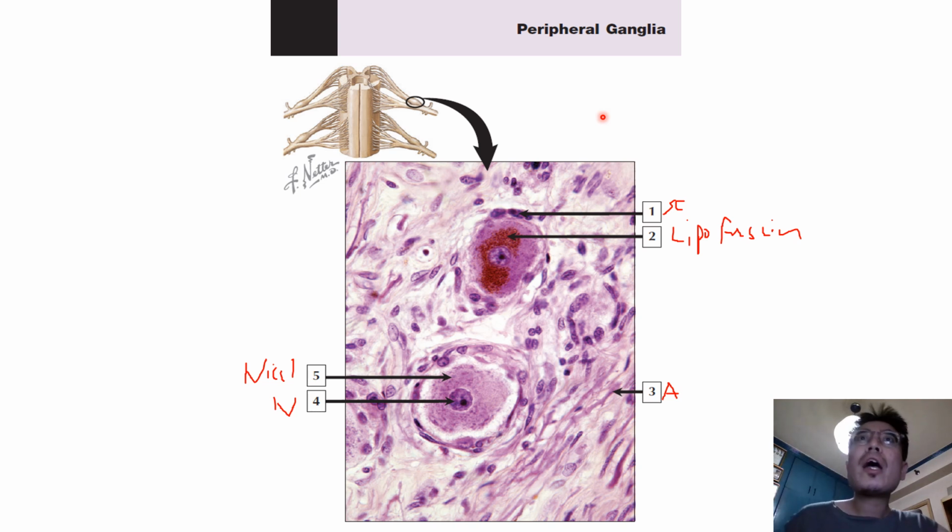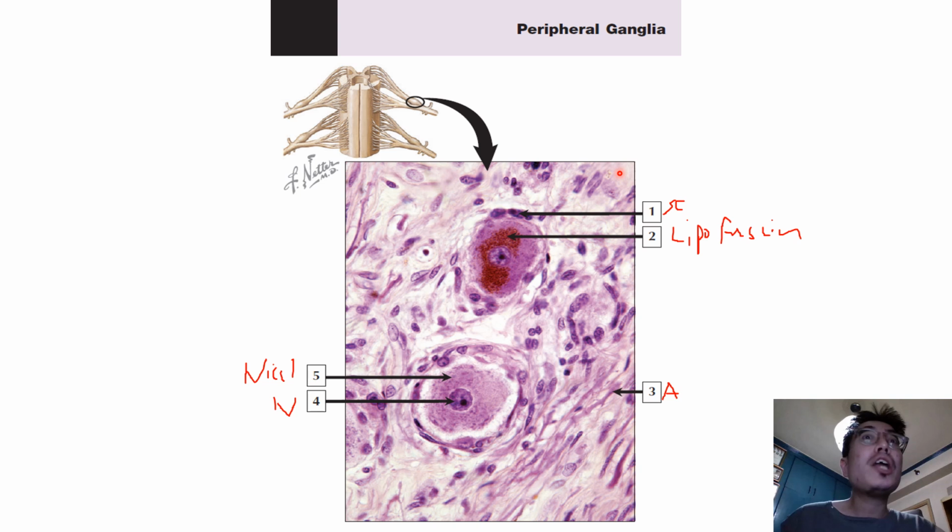Again, nerve cell bodies in the cranial or the spinal sensory ganglia are usually pseudo-unipolar, whereas those in autonomic ganglia are multipolar. Autonomic ganglia usually contain cholinergic synapses between preganglionic and postganglionic neurons, whereas synapses do not occur in the spinal ganglia.